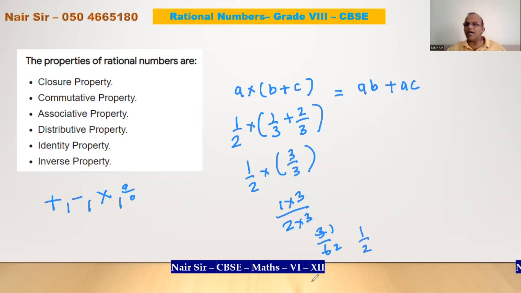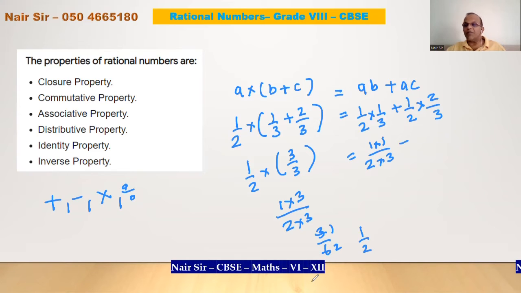Now let me look at the RHS. 1 upon 2 into 1 upon 3 plus 1 upon 2 into 2 upon 3. What do I get? 1 into 1 upon 2 into 3.